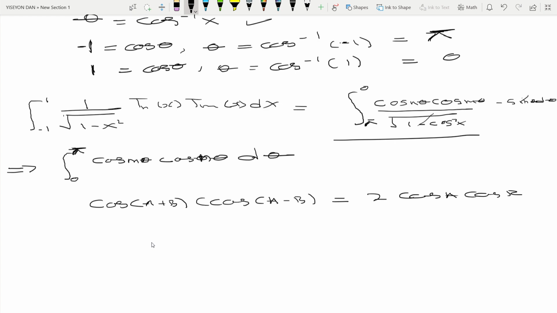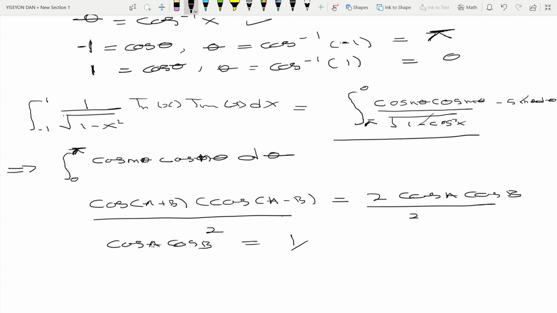If we make cos a cos b the subject of the formula, you divide by 2, so we'll be left with cos a cos b equals 1 over 2 of cos(a+b) plus cos(a-b). So that's what we'll have over there.